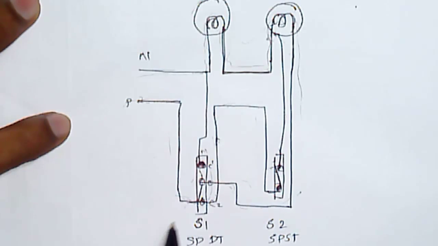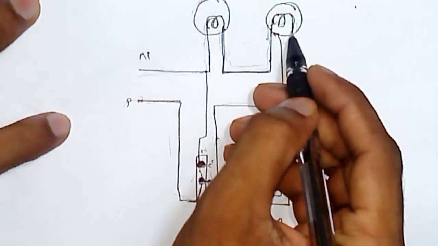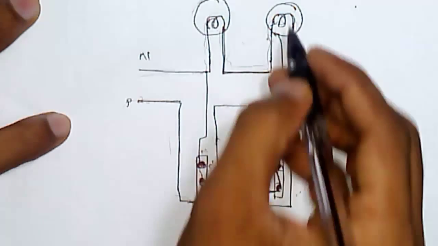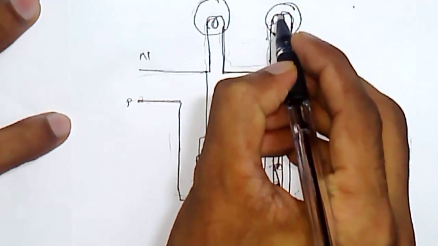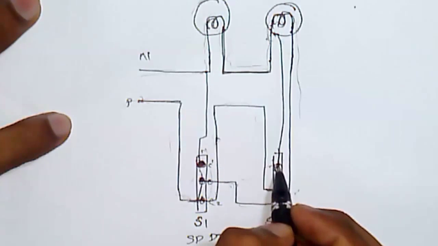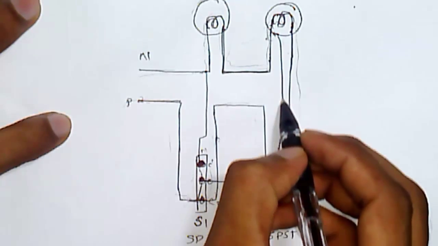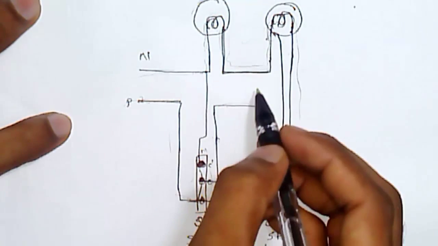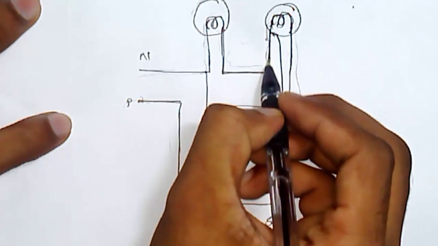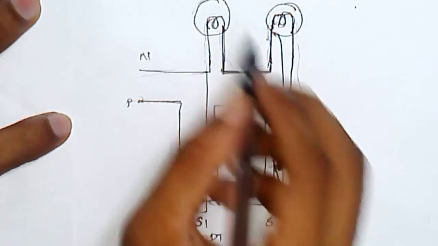Now the common point of the SPDT switch is connected to one end of the second bulb, and the upper pole of the SPST switch is connected to the other end of the second bulb, and also these ends of the two bulbs are joined.